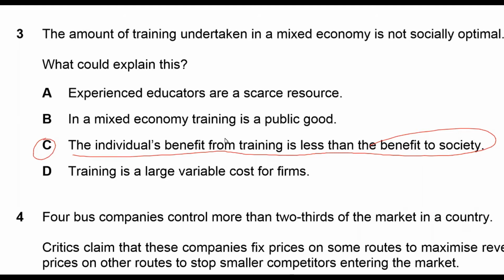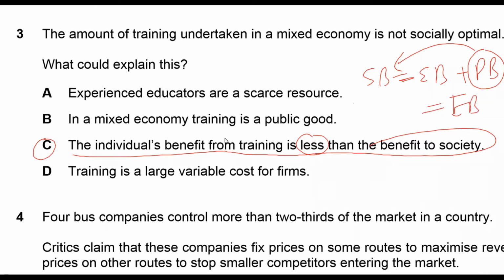Social benefit is equal to external benefit plus private benefit. Individual benefit means private benefit, but private benefits are lesser than social benefits. If we move private benefit to the other side, we can find external benefit, and external benefit equals social benefit minus private benefit.